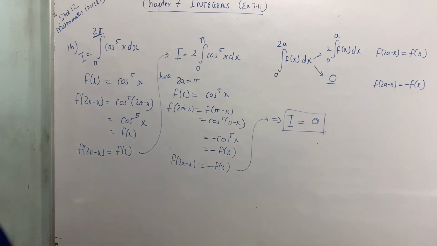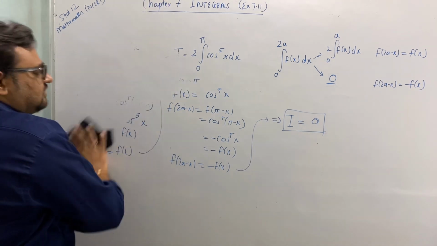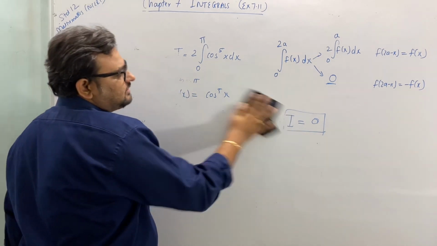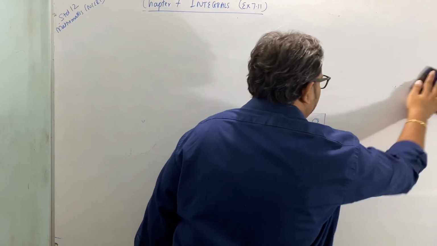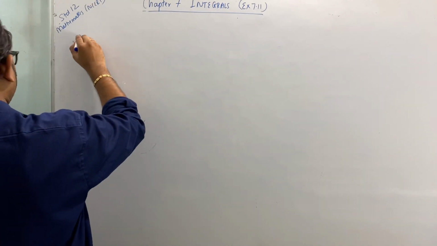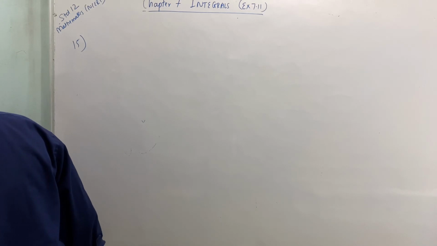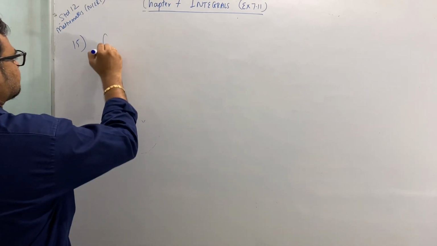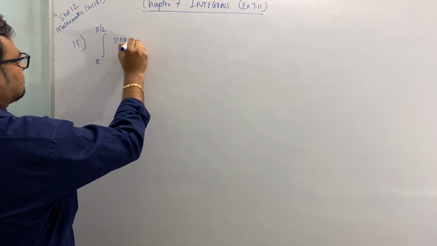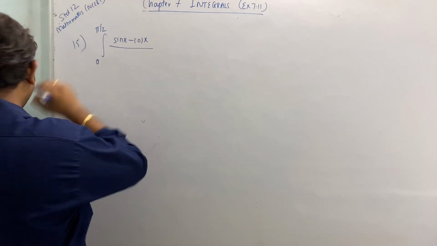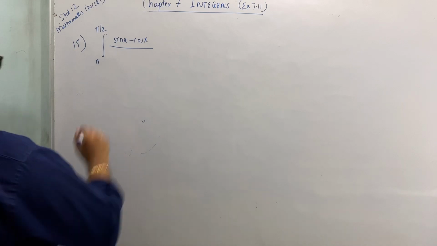Okay, let's move to the next question. There is question number 15. Question number 15 is the integral from 0 to pi by 2 of sin x minus cos x upon 1 plus sin x cos x.